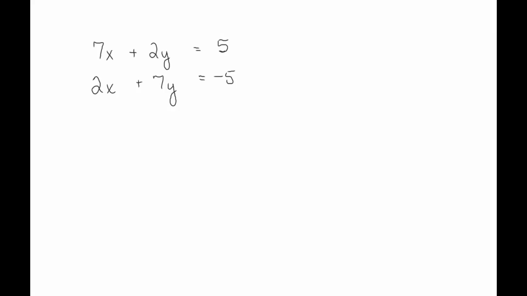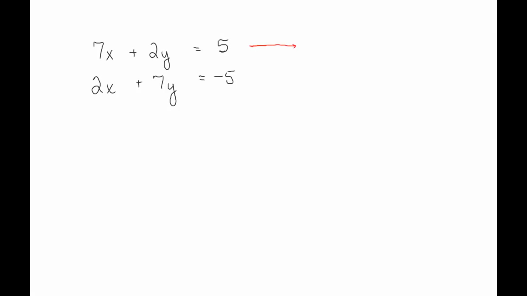So here's how I would have gotten to that. I would look at my numbers, and I have this 2 and this 7, and they don't have any factors in common. So I'm thinking least common multiple again is 14. So I'm going to multiply the top equation, and you can actually pick either one.